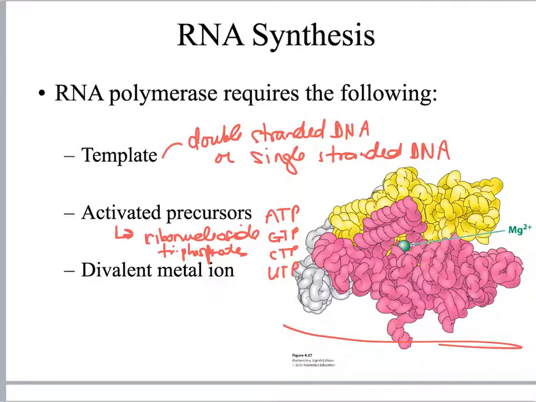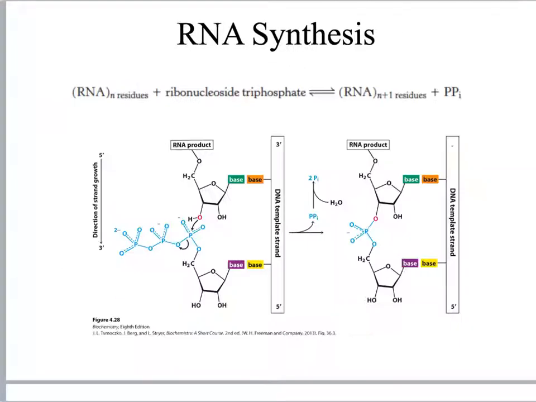Remember, we don't have thymine, we have uracil instead. And it also requires a divalent metal ion. Like with DNA polymerase, it can be magnesium 2+, but it can also be manganese 2+. So there are some similarities to DNA polymerase. This metal is required for the enzyme to function.